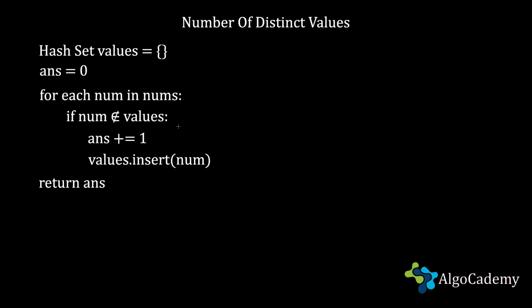So C++ is a little bit more complicated, but don't worry about it. It's part of your assignment. Check it online and see what is the exact syntax. You can do this. And if num is not part of the values hash set, so this is its first occurrence, I'm going to increment the answer and then insert that value into our hash set. And that's it. After iterating through all the elements, we will just return answer.